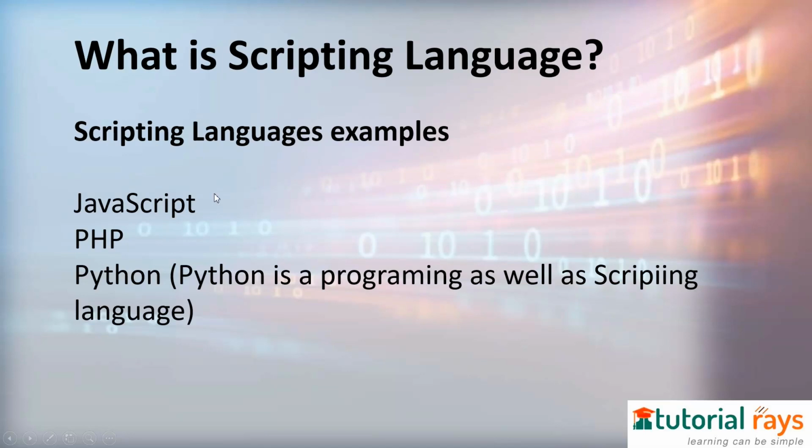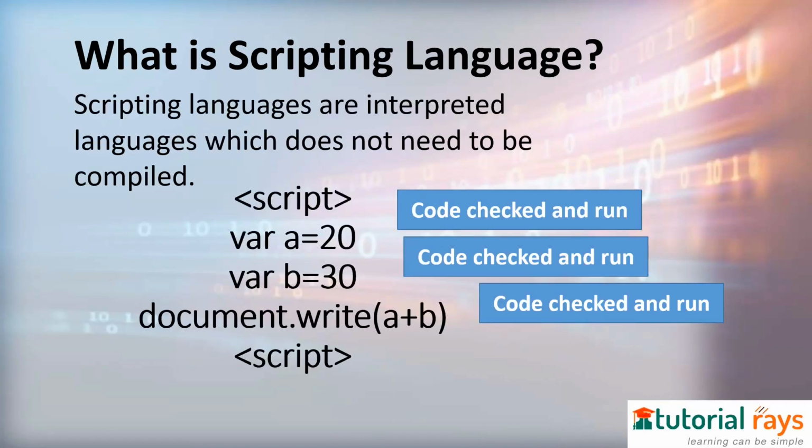Now we will also discuss what a scripting language is. Examples of scripting languages are JavaScript, PHP, Python. Remember, Python is a programming language as well as a scripting language. Scripting languages are generally interpreted languages.